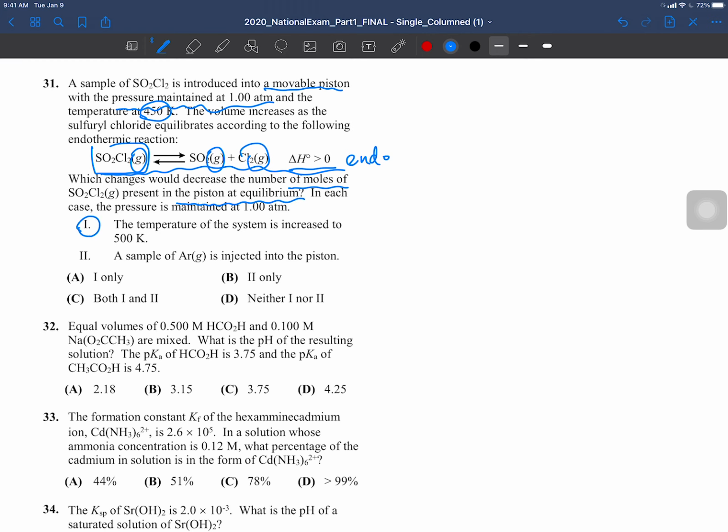The first change is the temperature is increased. I think this is the direct application of Le Chatelier principle, right? The LCP. So according to LCP, if temperature is increased, how does the equilibrium shift for an endothermic reaction?